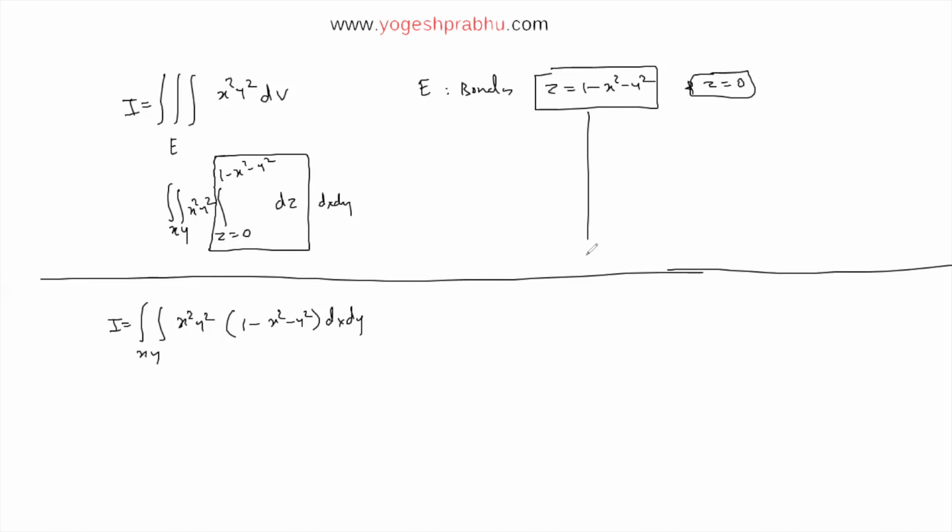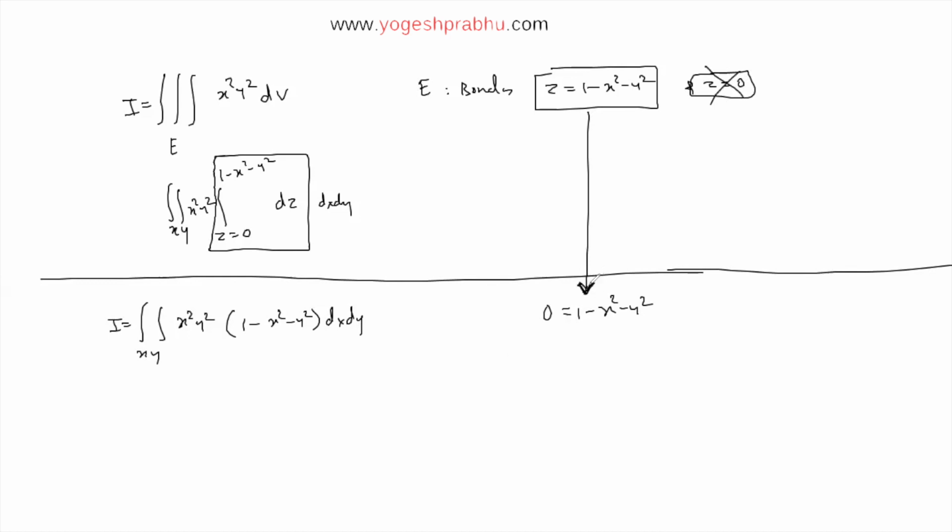So you tell me, how do we reduce our bounds? This will go away. This will become 0 equal to 1 minus x square minus y square, because we are making z 0.